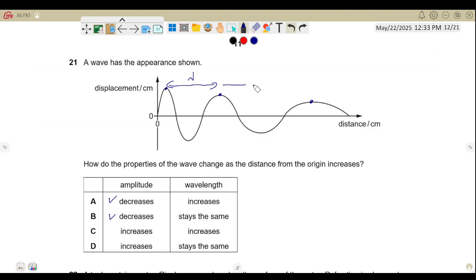This is another wavelength, another lambda. Is this one equal to this one? It's clear this is a smaller distance compared to this one, which means the wavelength is increasing with distance. So the first choice, option A, is the answer to this question: amplitude decreases, wavelength increases.